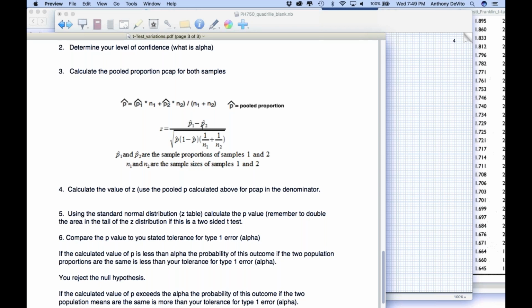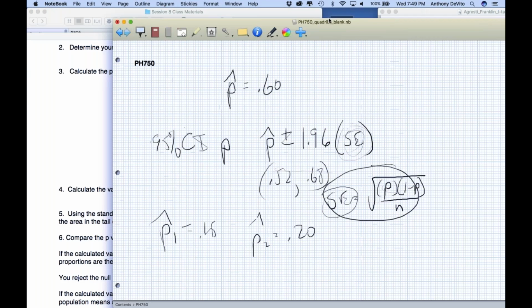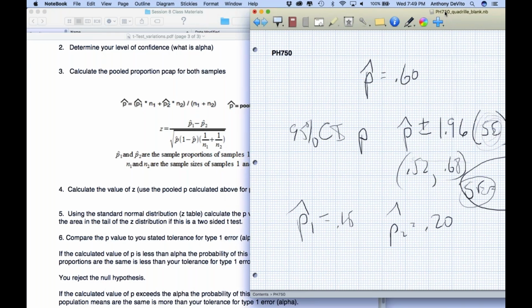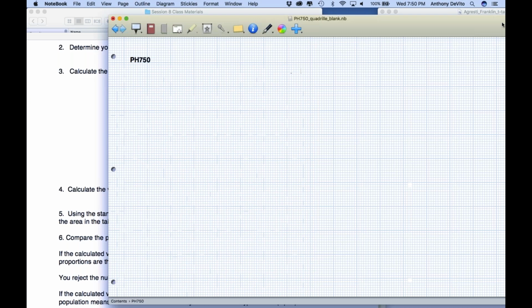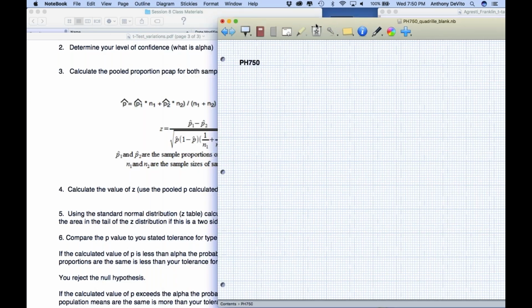So this is going to be 5%, 20% minus 15%, 5%, divided by the standard error using my pooled proportion. I got time to calculate. Why not? Let's calculate it and see how far we can get with this. Let's do this torturous calculation, just for the hell of it.